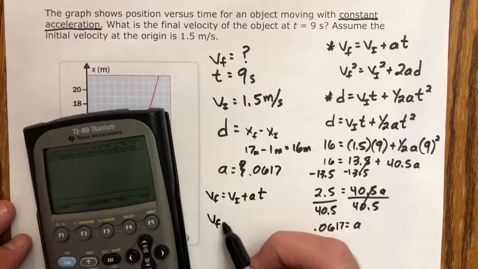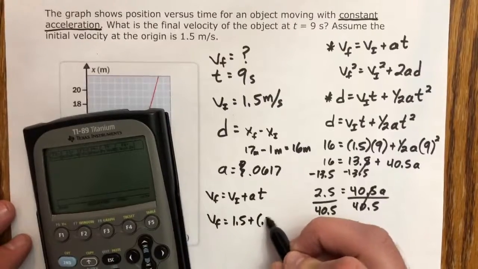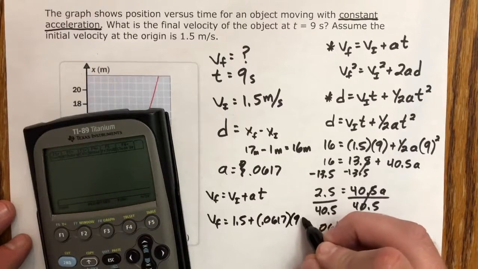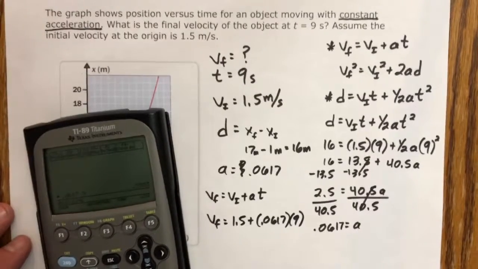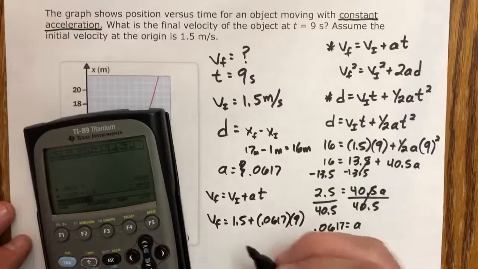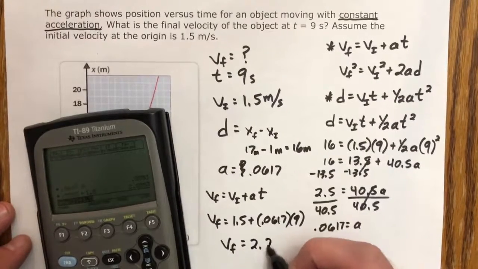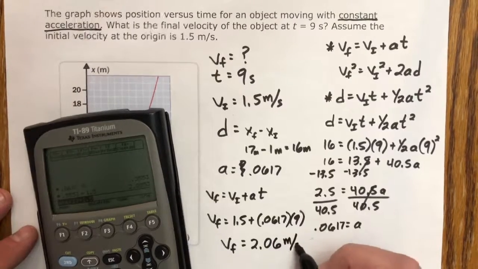So my VF then equals my VI, which is 1.5, plus my acceleration, which is 0.0617, times my time, which is 9. So I'm going to go 0.0617 times 9, plus 1.5, and I end up with my final velocity of 2.0553, so 2.06, I'm going to call that.